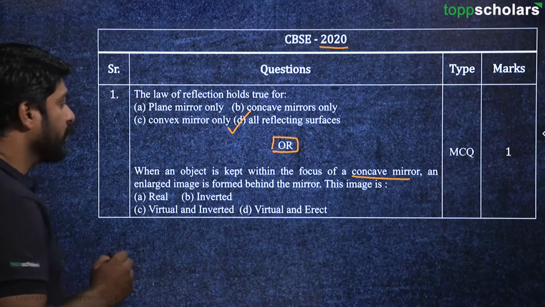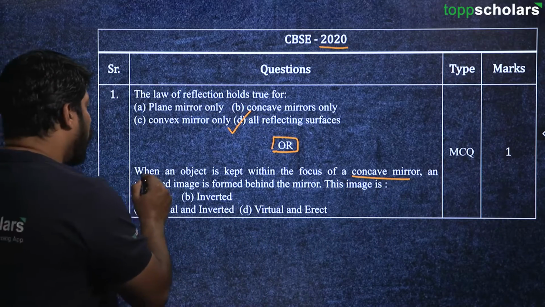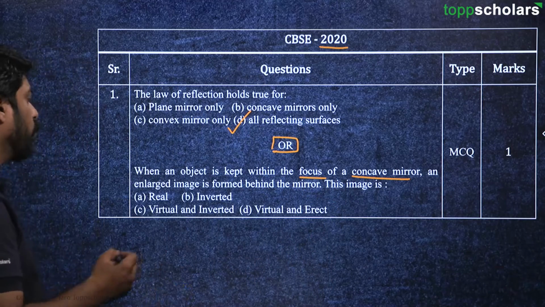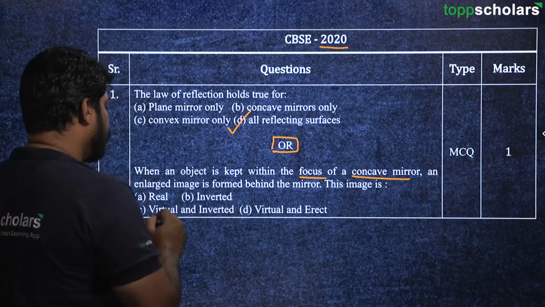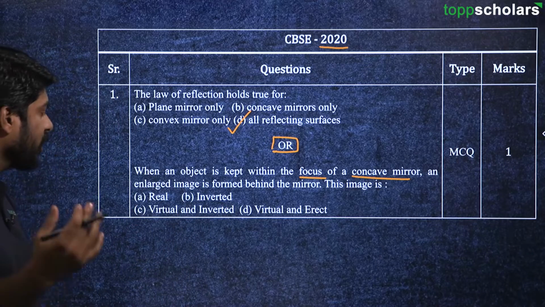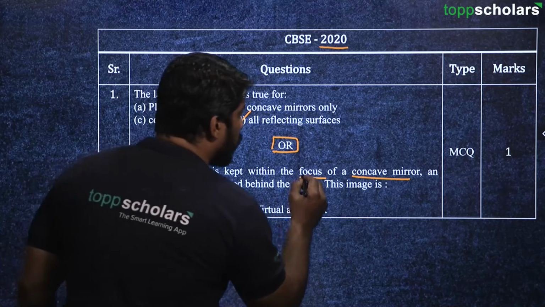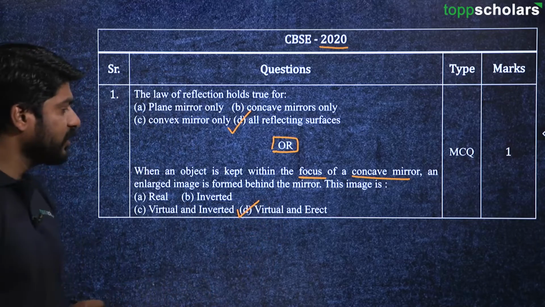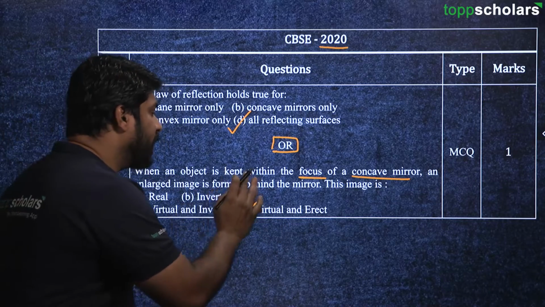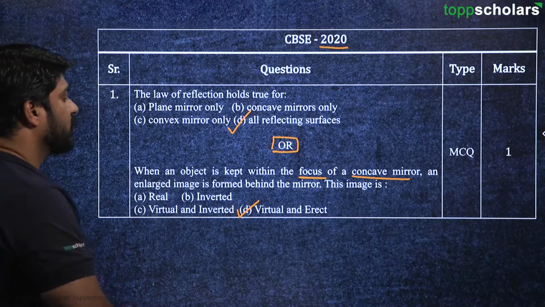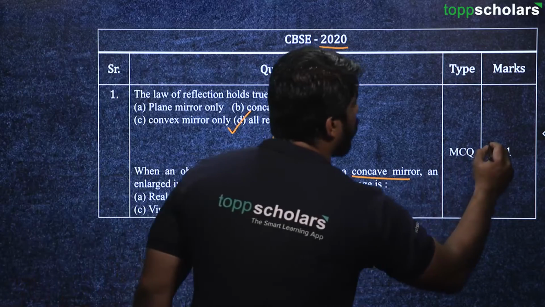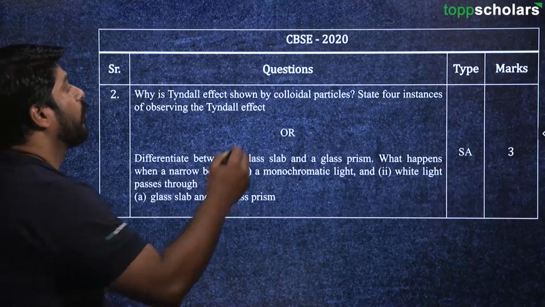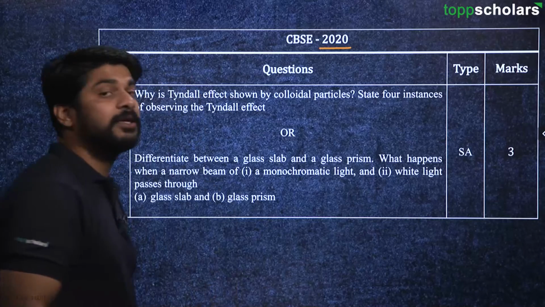In case of a concave mirror, when the object is kept within the focus, we get a virtual image which is erect. So the correct option in this case is virtual and erect. This is our correct answer. This is just for 1 mark, it's an MCQ. Now moving on to the next question, again from 2020.